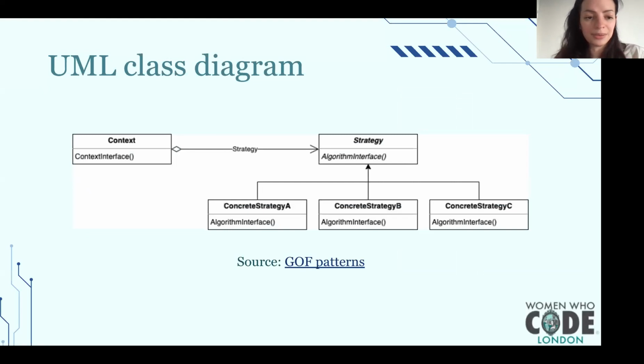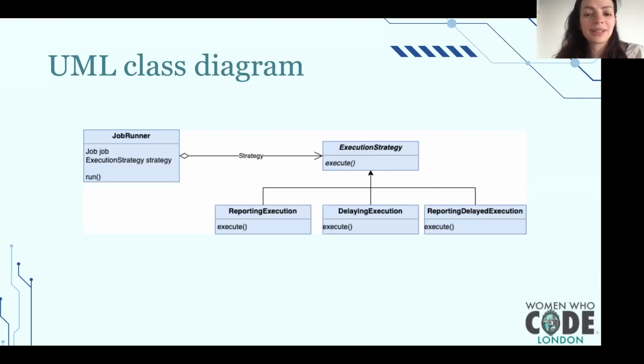I wanted to put it here because when you look at this diagram, you think, what really is the context? It's tricky to understand this pattern. But this pattern can simplify your life in an incredible way. You can start to apply strategy everywhere.